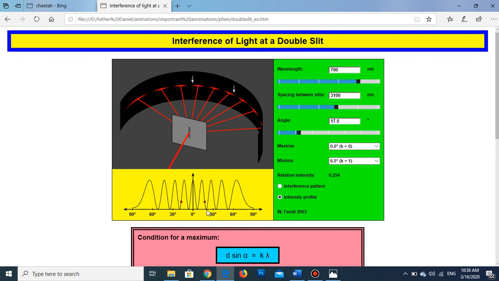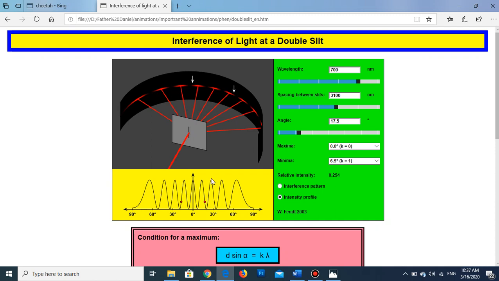At that point, a maximum from S1 superposes with a minimum from S2 to give me zero intensity. So maximum, zero, maximum, zero. Here, a maximum meets a maximum. Here, a minimum meets a minimum.